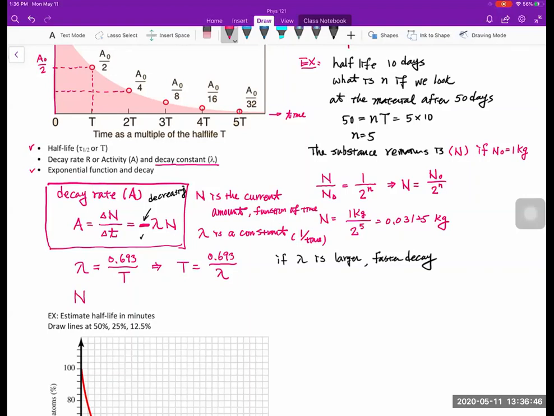For those of you in the honors section, the handout that I posted shows how you derive this equation based on calculus. So N is equal to N0 multiplied by this exponential function, e to the minus lambda times t.